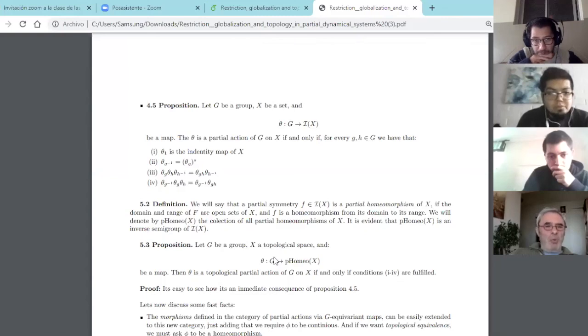We established this with Diego, the first time we defined what a partial action was.